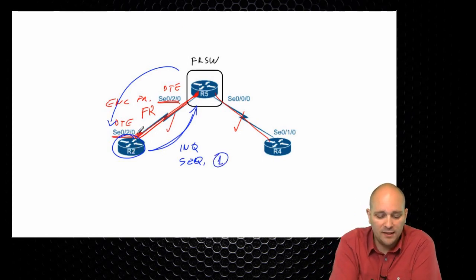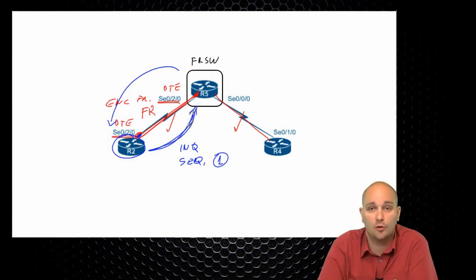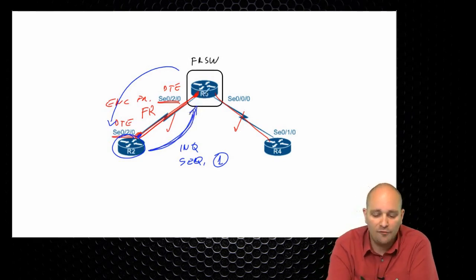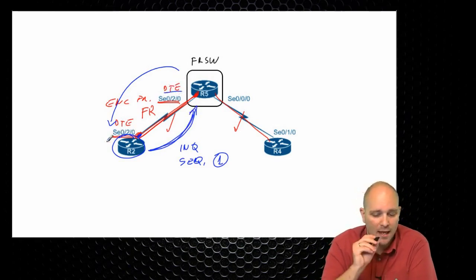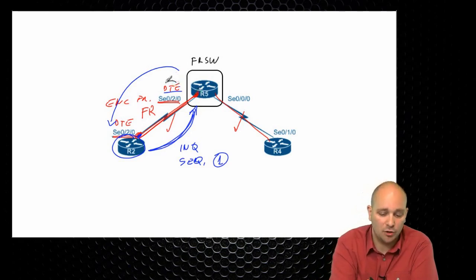Now, when the interface came up on R2, if R2 was the one who sent the inquiry first, R5 here, configured as the DTE, is going to receive the inquiry from a router that it doesn't expect. And what is it going to do? It's going to ignore it because it doesn't expect it. R5, on the other hand, because it's a DTE, sends its own inquiry.